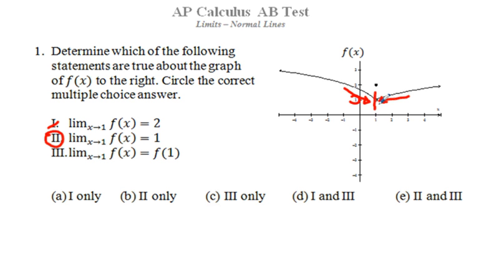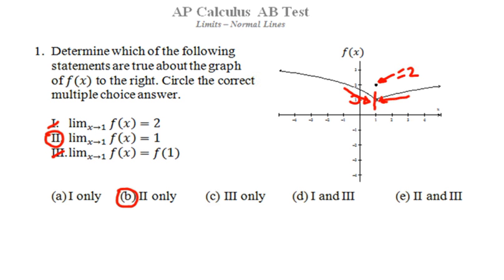Well, the limit we see is 1, but f of 1 is equal to 2. So therefore the limit does not equal the value of the function, so that is disqualified, and so our answer is B, 2 only.